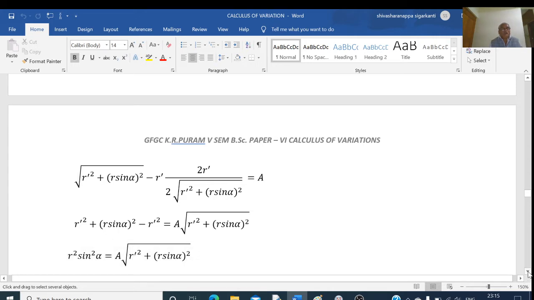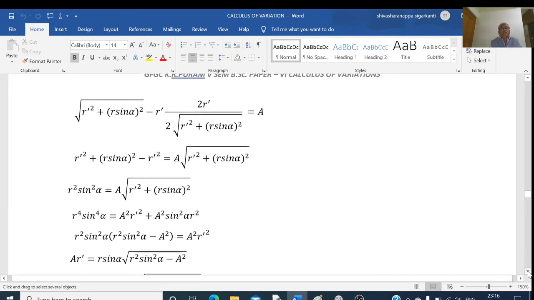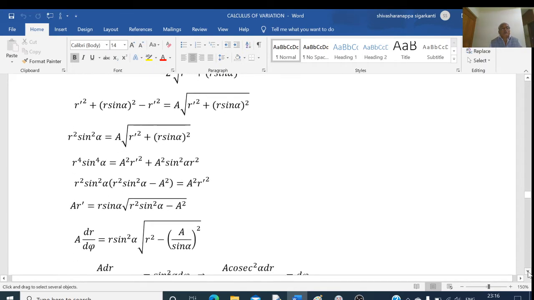We have to solve this equation. For that I will square on both sides. Then I will get r to the power 4 into sin 4th alpha equal to a square r dash square plus a square r square sin square alpha.